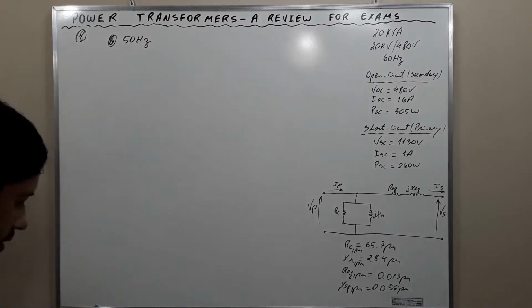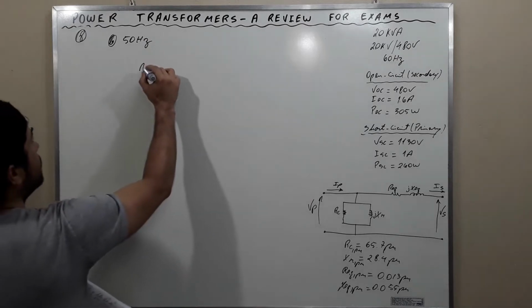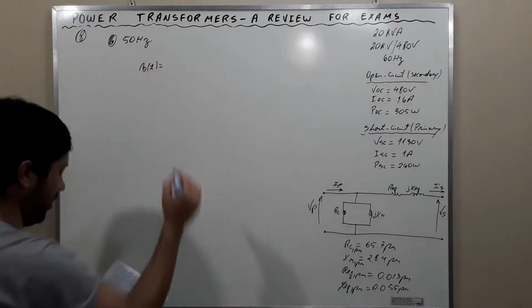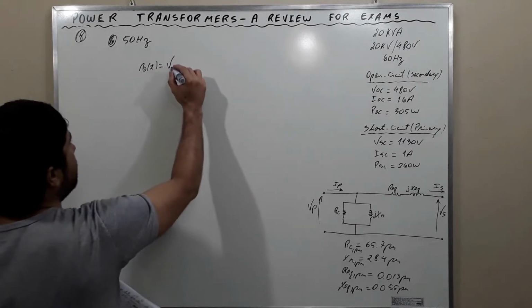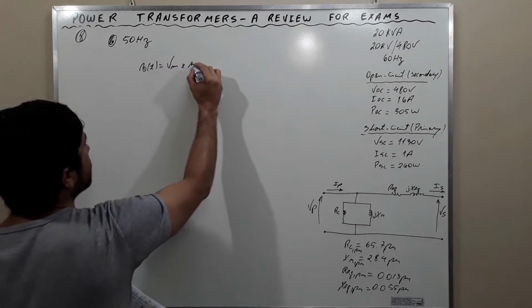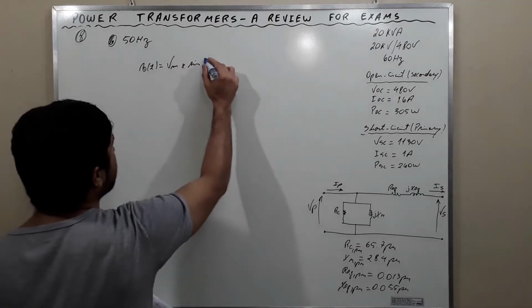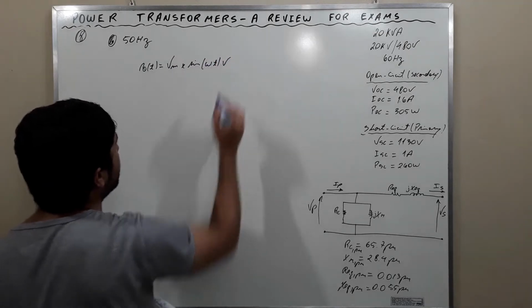Okay, to understand what would happen, let's understand that voltage can be written as magnitude times the sine of wt, okay?